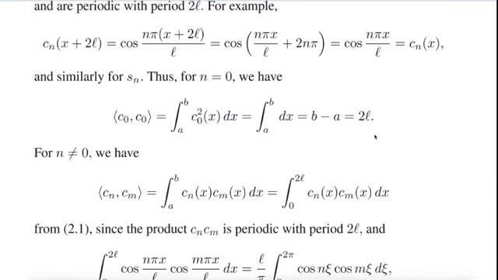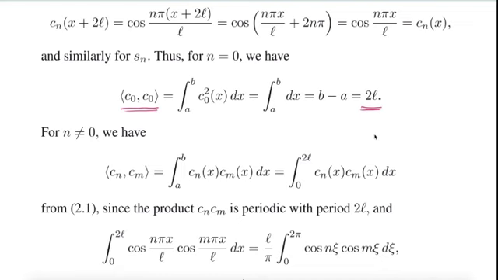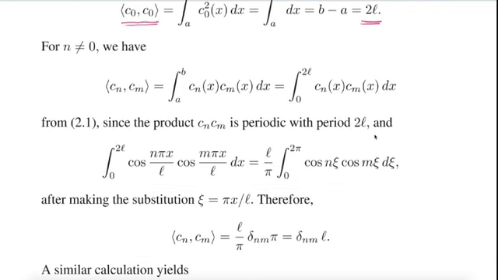So for example here, if we take the C0 function and integrate it with itself, so C0 with C0, we get 2 times the domain length. And the length, I should say that as well, is right here. This is the difference b minus a divided by 2. Now if we take cosine functions with different n and different m, then we get 0, right?